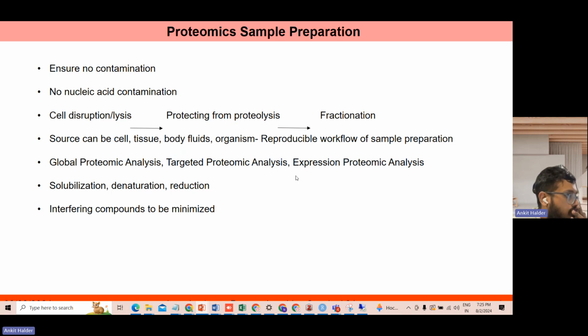So for any kind of method that we use, we should have a high quality of protein as a starting point, and only then can we perform the comparative analysis.